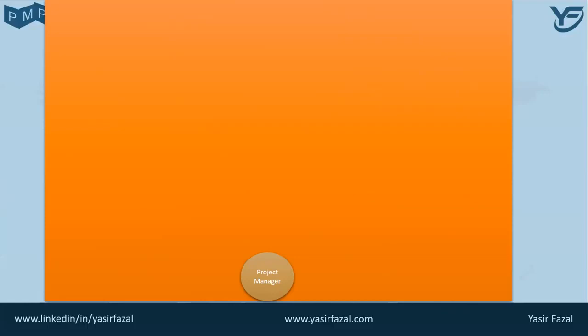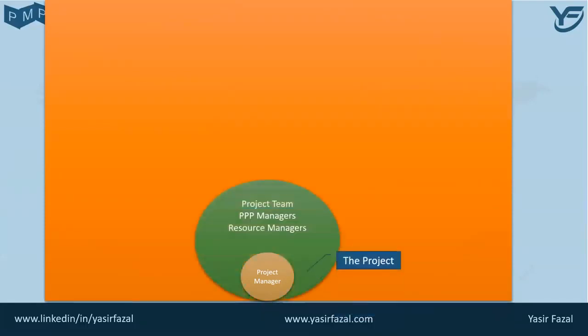Basically, they have three spheres of influence, and the first one is the project on which they are working. The project manager leads the project team to meet the project's objectives and stakeholders' expectations. The project manager works to balance the competing constraints on the project with the resources available.